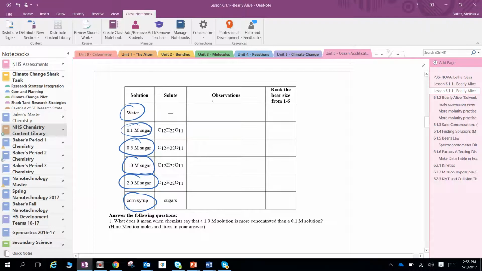So what we noticed was the gummy bear in the water is gigantic. Too bad you missed out. You can do this at home though. Just put a gummy bear in water and look at it the next morning. Let it soak overnight. And it just kind of went down from there.